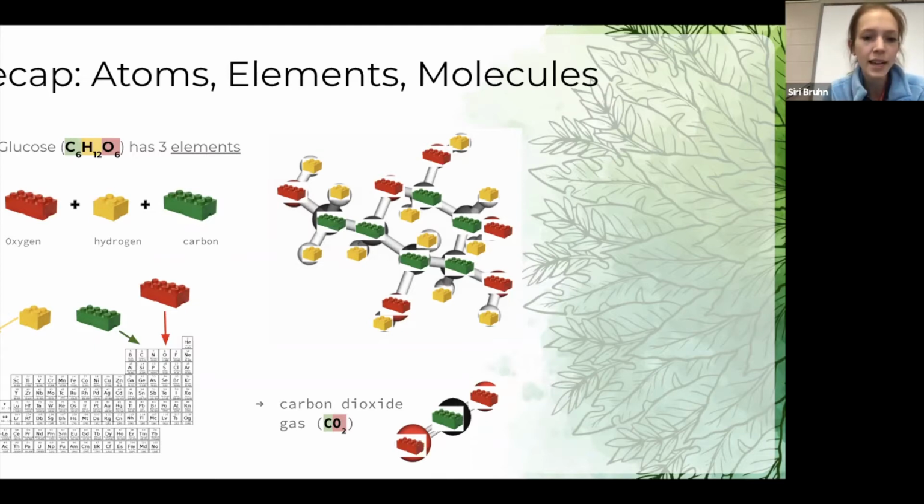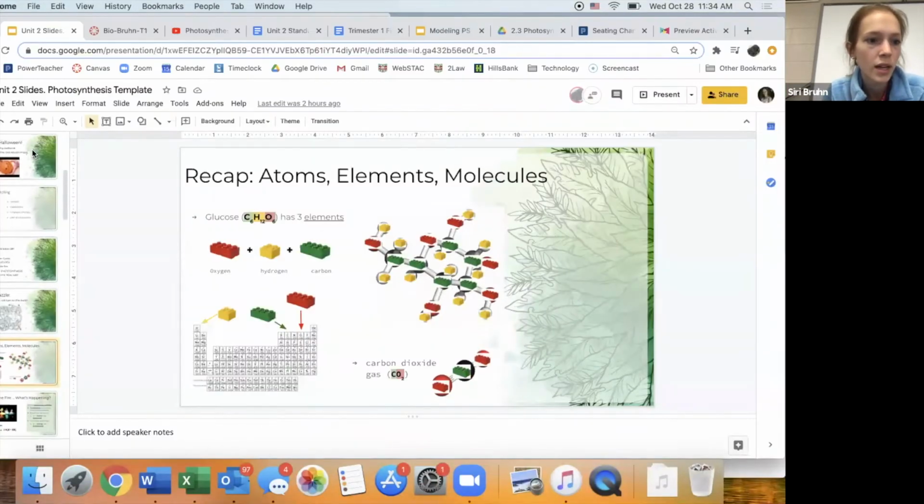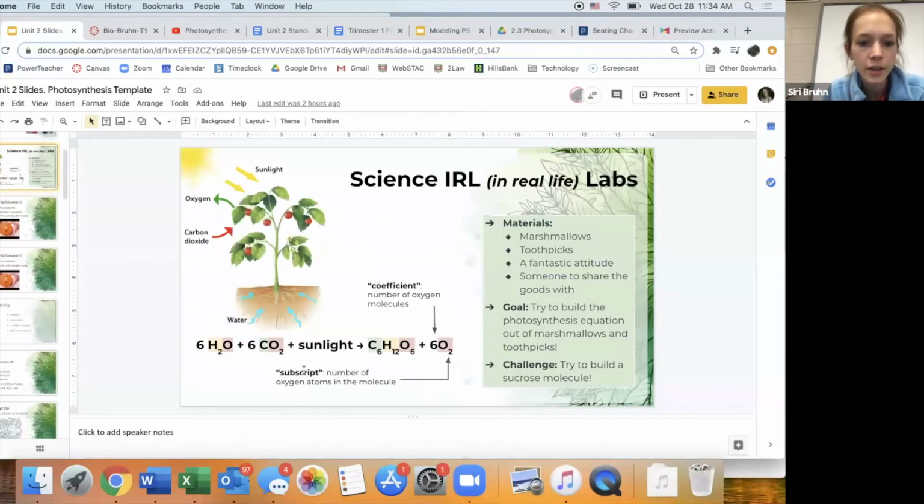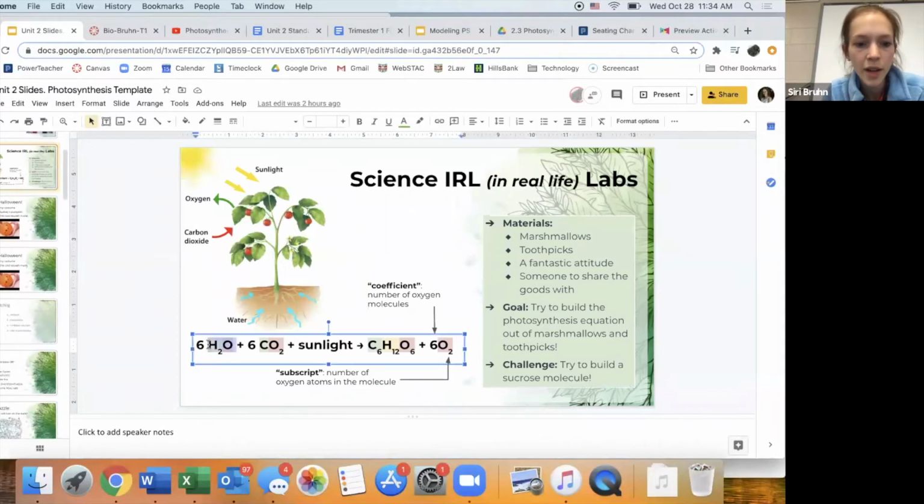And we can see that in our photosynthesis equation, which was here, right? So we have water molecules, we have carbon dioxide molecules, we have glucose molecule, and we've got oxygen gas molecules, and it's O2. Now, it's a good note down here.